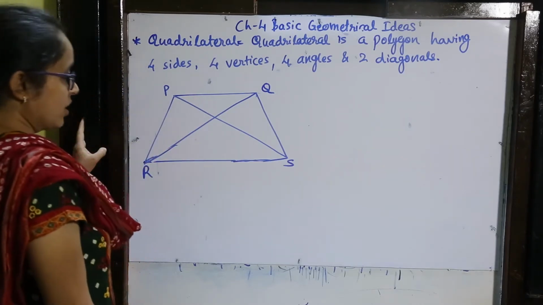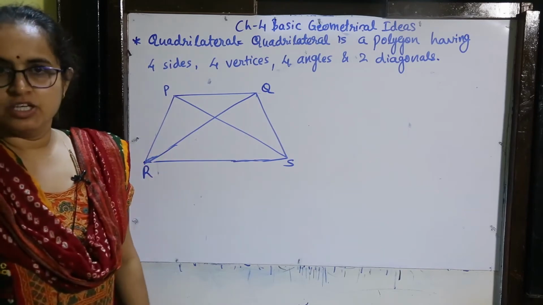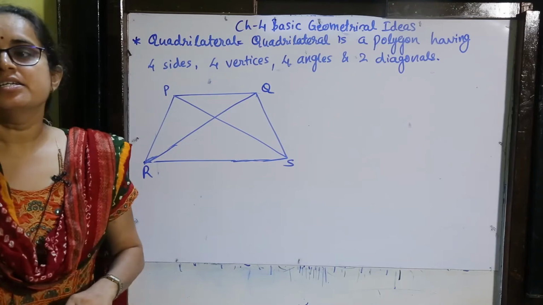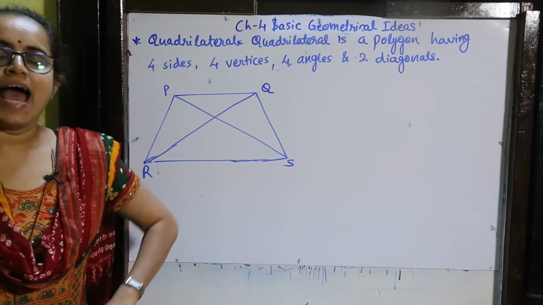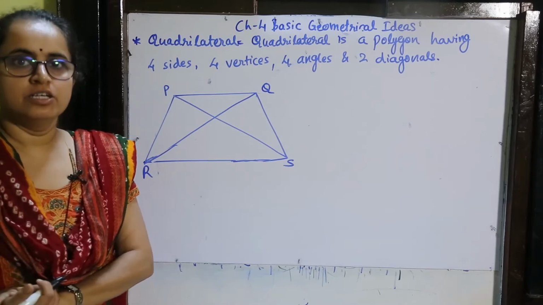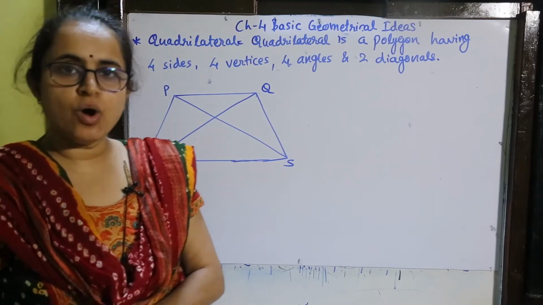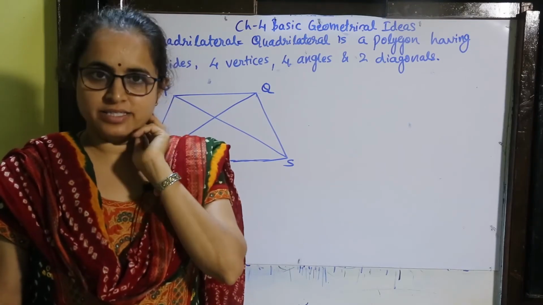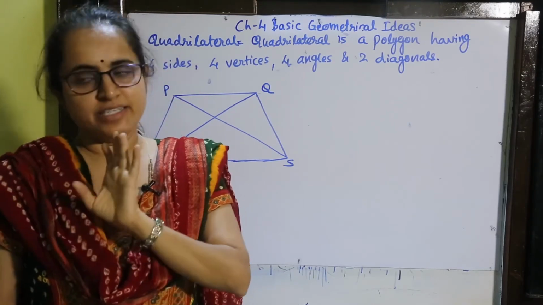First of all, we are talking about adjacent sides. So what is an adjacent side? Adjacent sides are the sides of the quadrilateral having only one common vertex. So the sides of the quadrilateral which have one common vertex are known as adjacent sides.